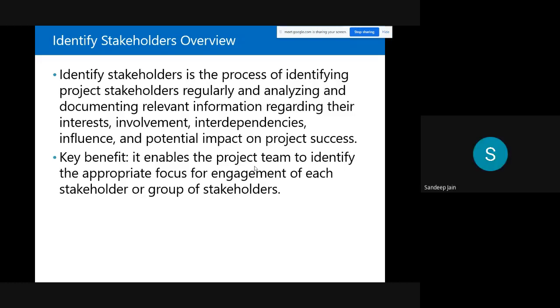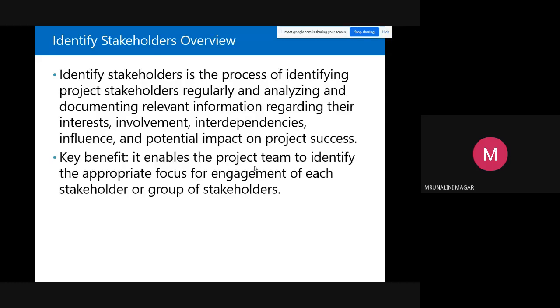Okay, though we did an exercise on identification, but we did not read this definition, so we can read this. Yeah, go ahead, please. So, identify stakeholders is the process of identifying project stakeholders regularly and analyzing and documenting relevant information regarding their interest, involvement, interdependencies, influence, and potential impact on project success.